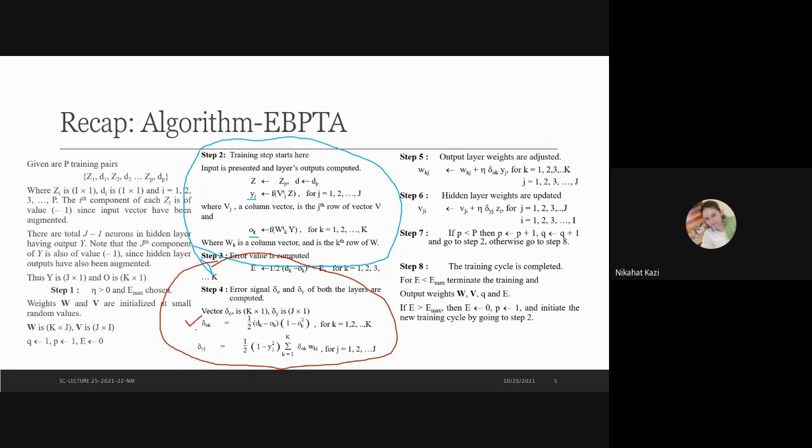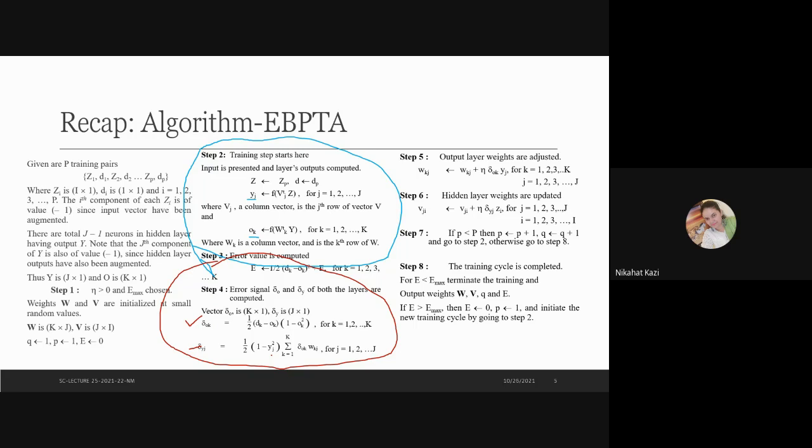And using this error signal that you have computed, you're going to use this in the calculation for the hidden layer, right? This one. So delta Yj that you see is half times 1 minus Y square. Now what is this? F dash Y. It is always F dash of the output of that layer. So O is the output of the output layer, and Y is the output of the hidden layer, right?